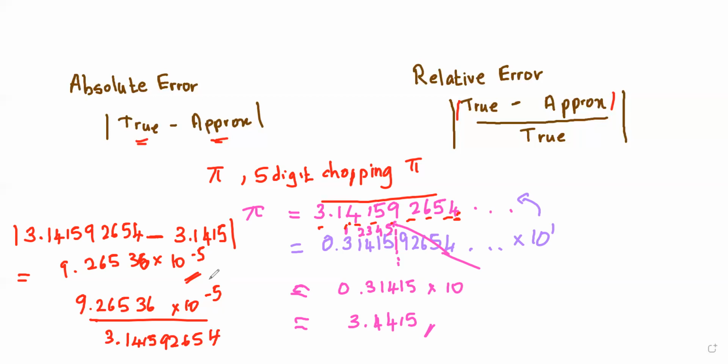I'm going to use the calculator, and we get 2.949255 times 10 to the power minus 5. So this is the relative error and this is the absolute error.